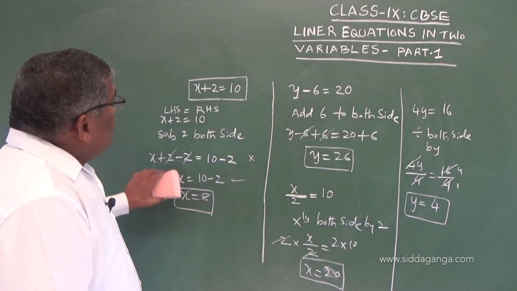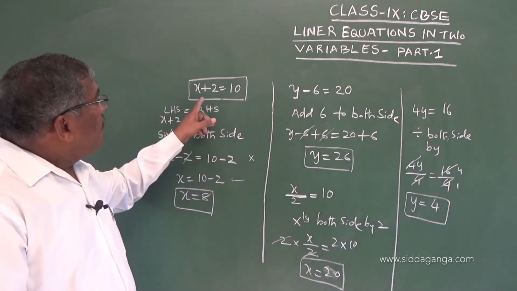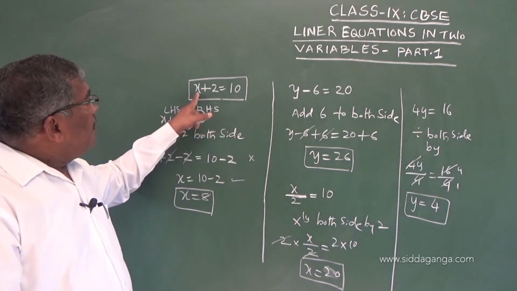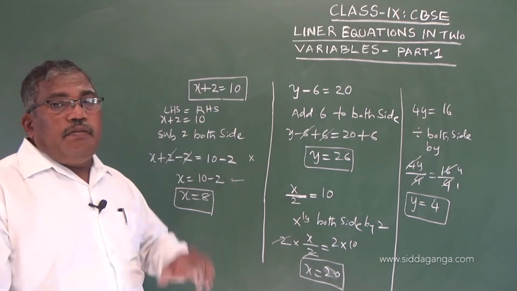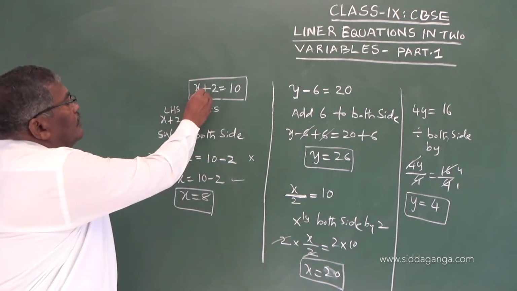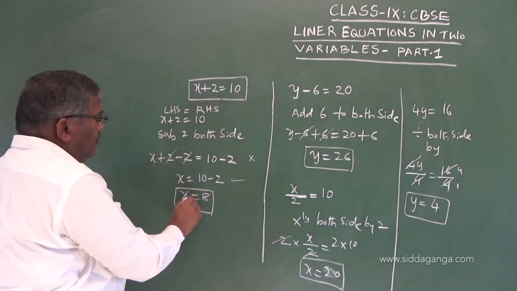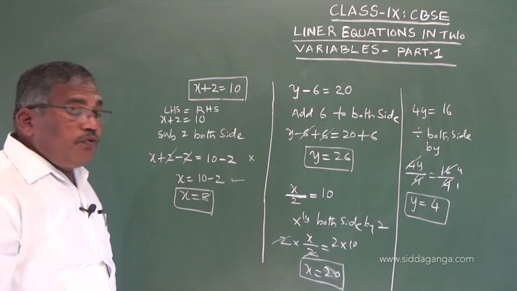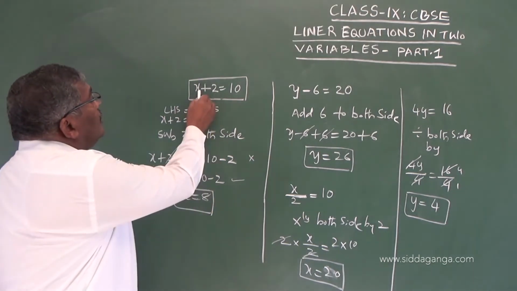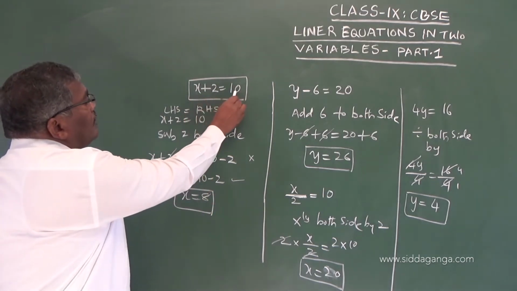Now, another important thing you have to observe here: for an equation with one variable, we got the answer x is equal to 8. For this equation, x plus 2 is equal to 10, we have x is equal to 8. If you put this value in place of x, 8 plus 2 equals 10.